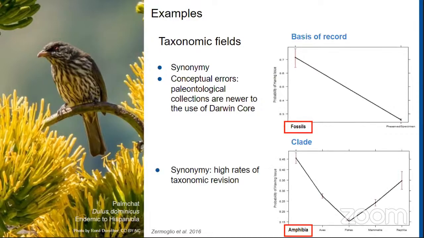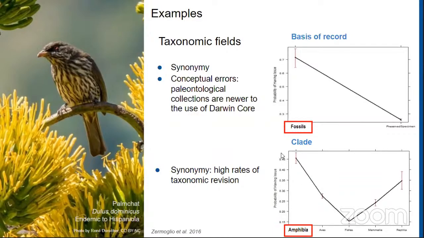And the last result that I want to show you here is that they also looked at the different clades that these names belong to. In this case, it was for vertebrates. So the clades that they divided the data in were amphibia, aves, fish, mammalia, and reptilia.